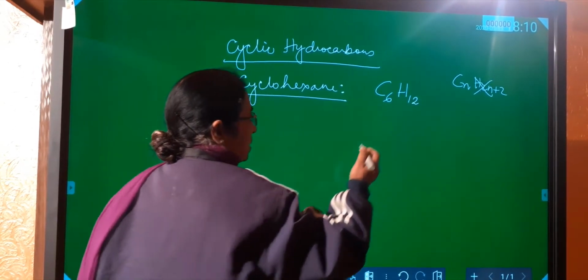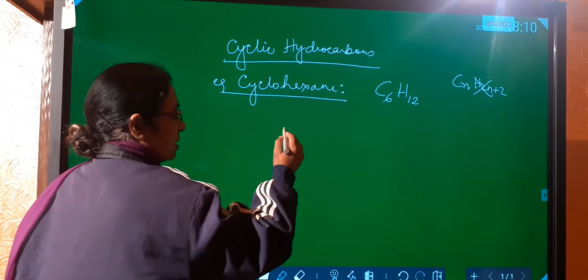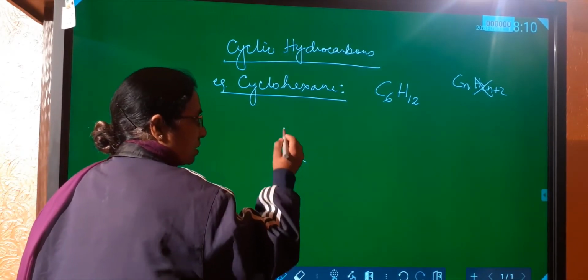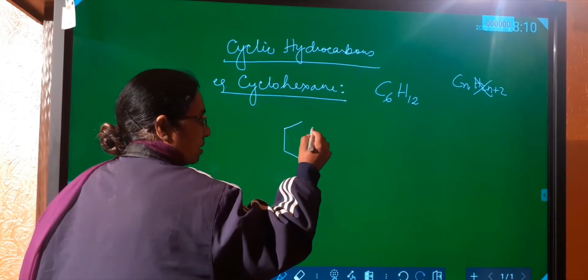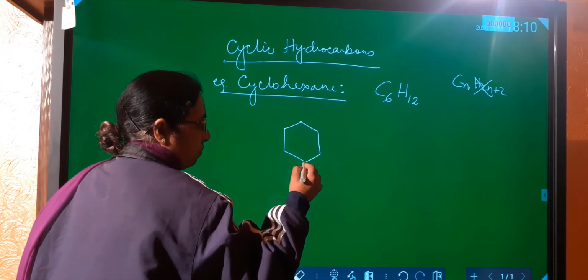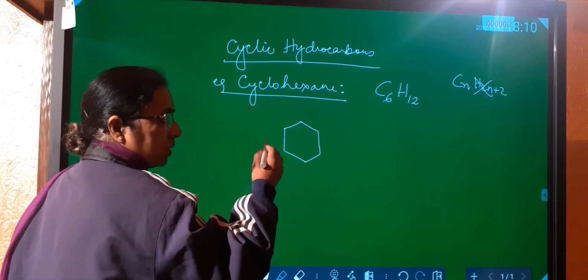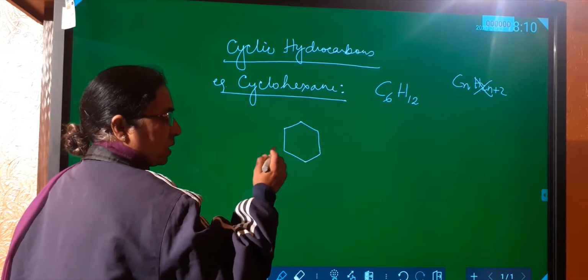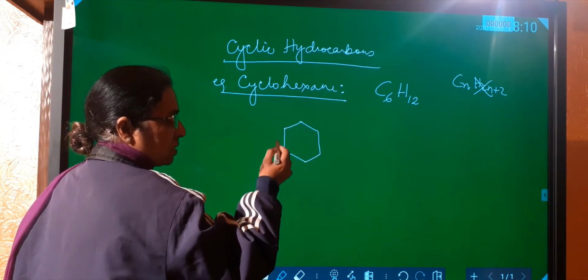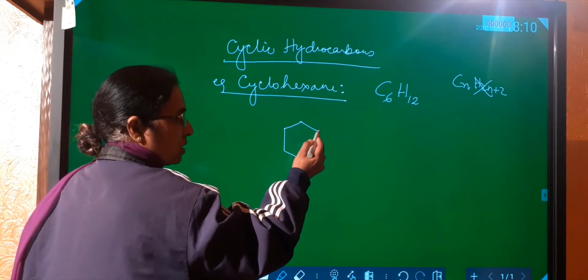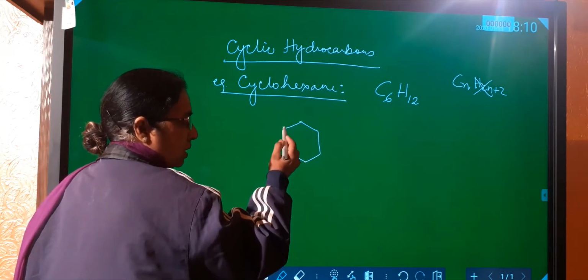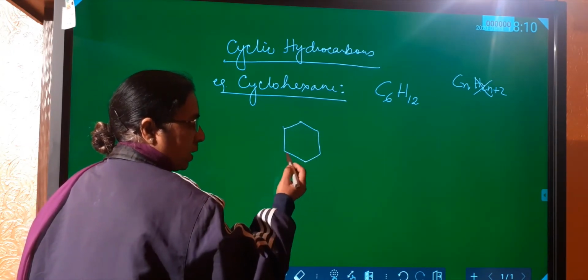We have C6H12. How is it? Let us see. C6. Now this is cyclo, means this will complete a cycle. So we will draw a hexagon over here. Cyclohexane. Now every time there is a single bond. Each corner means one carbon.